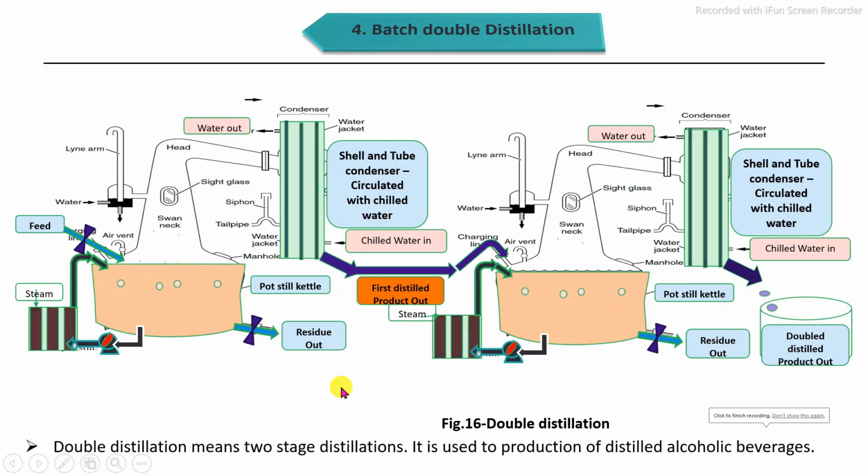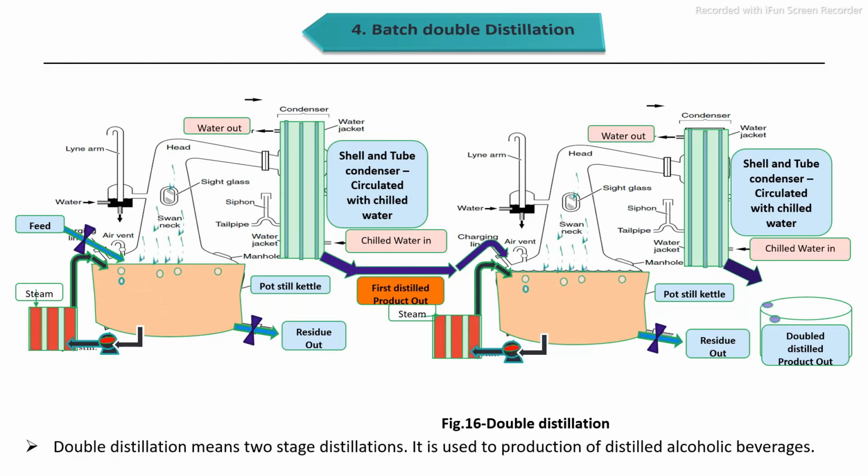Batch double distillation means batch distillators operated in series. You can see the two-stage distillation process in which, in the first distillation, the fermented liquid is charged, and after that distillation we get a product fit for feeding into the second distillation system, and after the second distillation we get a more concentrated product.